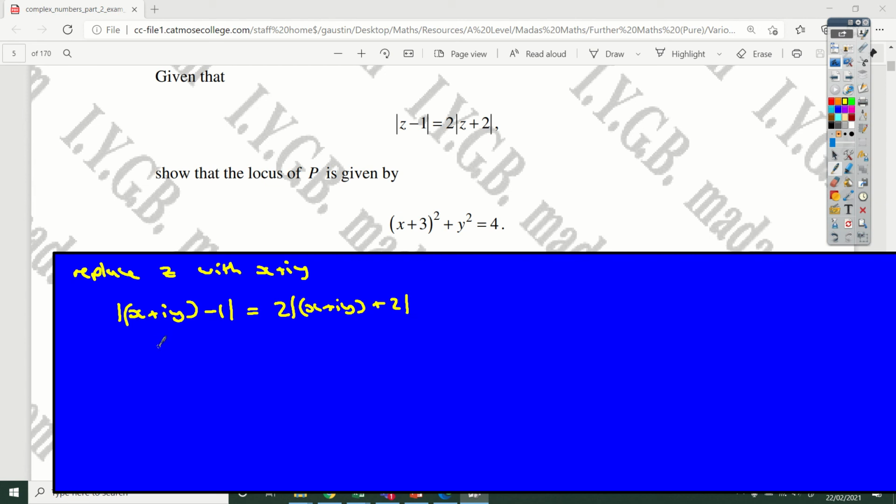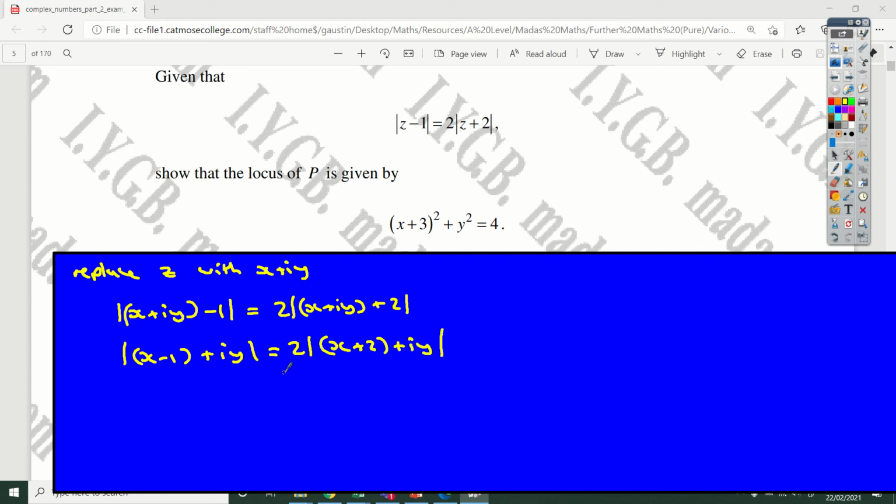Okay, now let's group terms together. So that's x minus 1 plus iy equals 2 times x plus 2 plus iy.